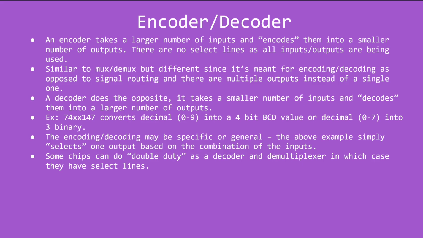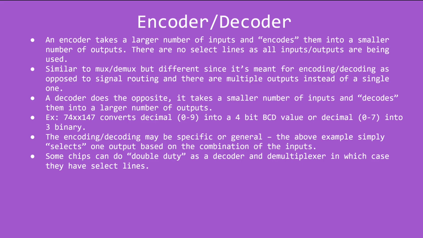An example of this is the 74LS147, which takes a decimal number between 0 and 9 and converts it into 4-bit BCD, or it can be configured to convert a decimal number between 0 and 7 into a 3-bit binary value, which effectively becomes an octal encoder. We'll be discussing all of this in a later video.